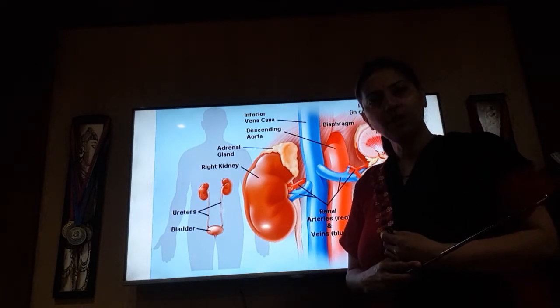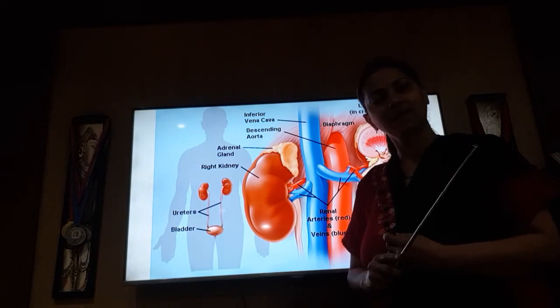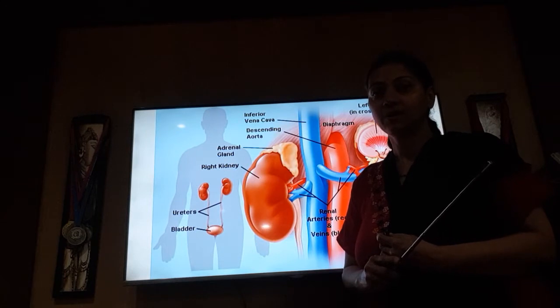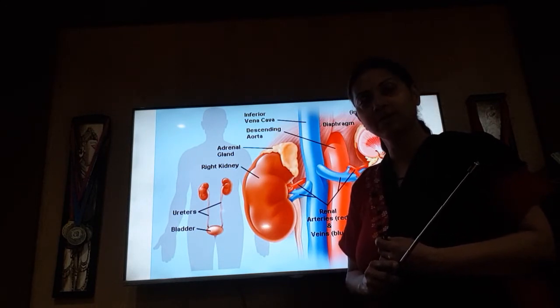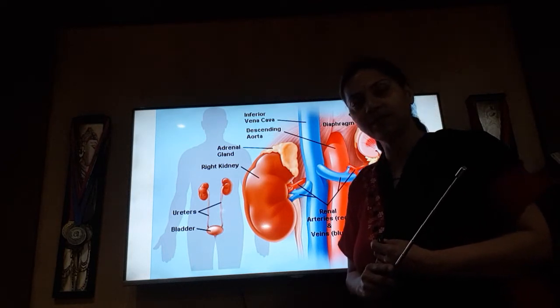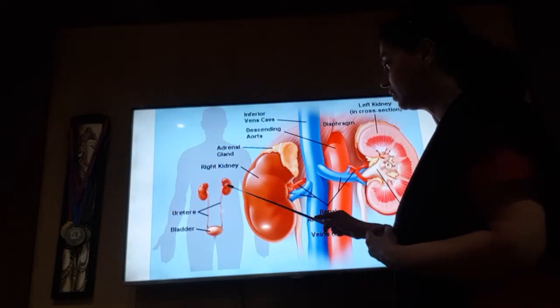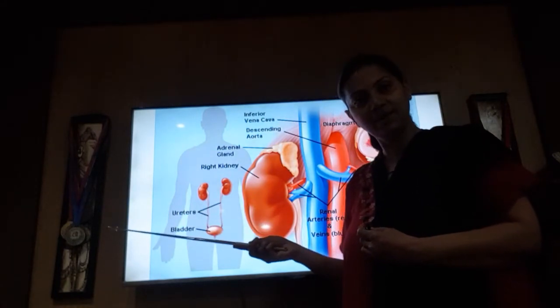So till now you are sure about two things, that there are two kidneys in our body and they have two poles, upper pole, lower pole, two borders, medial border, lateral border. And if two borders are there, surfaces are going to be two. Anterior surface that you can see here and the posterior surface that is behind, isn't it?